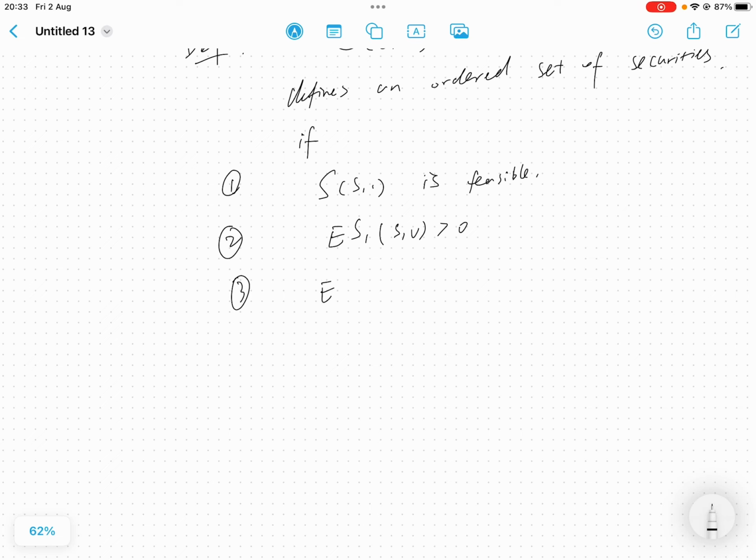If S is the smallest, S0, and V is the minimum V, then this E_S has an upper bound. On the other extreme, it has a lower bound.